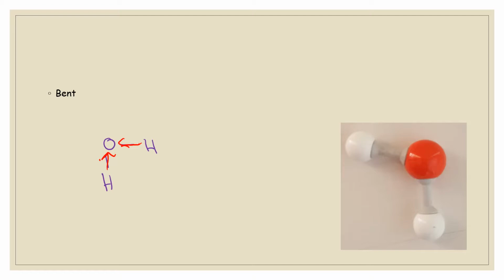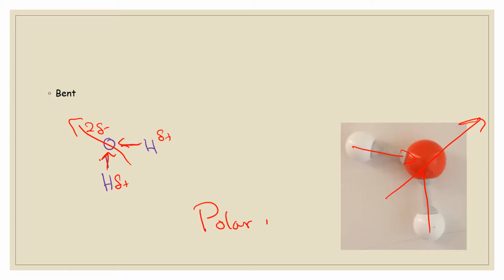The overall giving a 2 net dipoles, and the overall charge is towards this direction, which you can see here. This gives a net dipole, so it is a polar molecule because it has an uneven charge distribution.